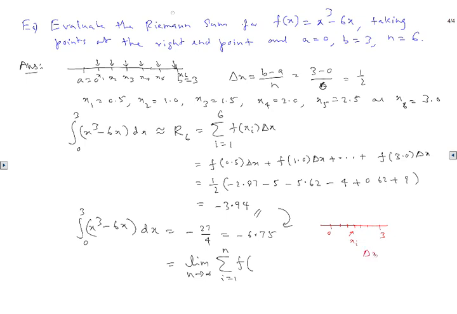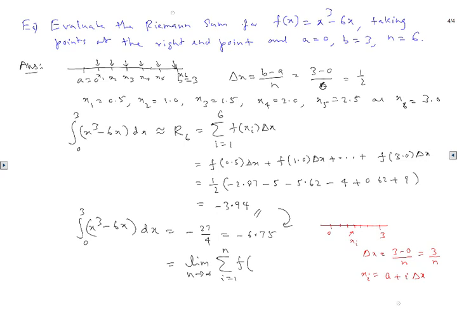So delta x is 3 minus 0, you cut into n many parts. So the delta x is simply 3 over n. What is the ith part? The ith part is simply the first number plus i many gaps.